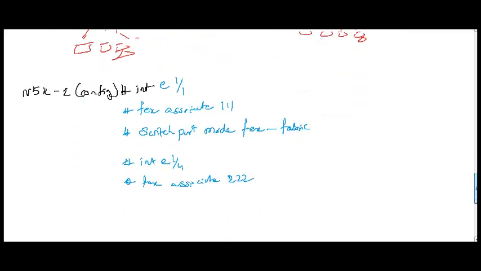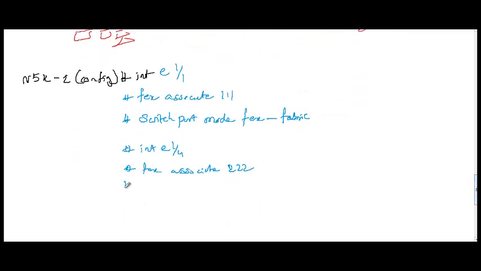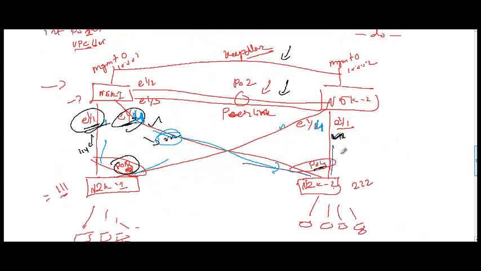So we say 222, and then we say switchport mode FEX-fabric. Now copy the same thing on the other switch, because the interface name is also the same, so no need to worry.